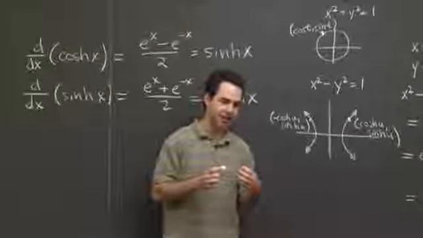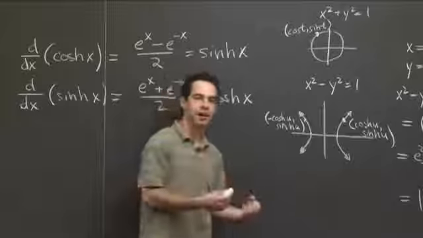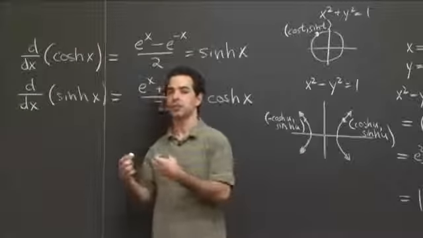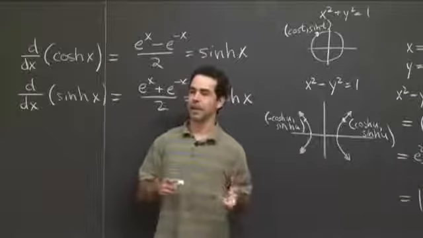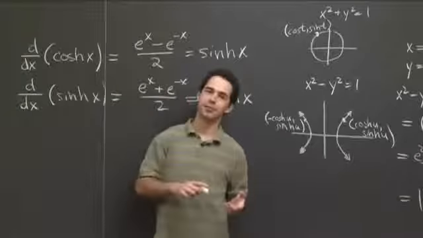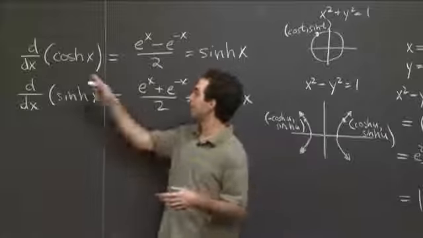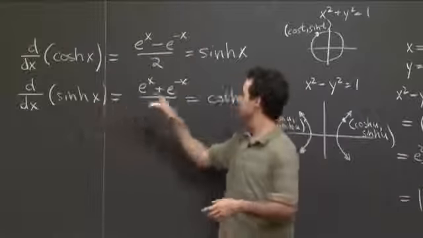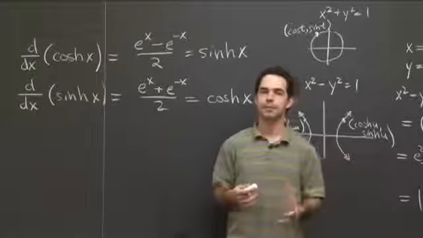Instead of satisfying cosine squared plus sine squared equals 1, they satisfy cosh squared minus sinh squared equals 1. And instead of the derivative of sine equals cosine and the derivative of cosine equals minus sine, they satisfy derivative of cosh equals sinh and derivative of sinh equals cosh. So similar relationships, not exactly the same, but similar.